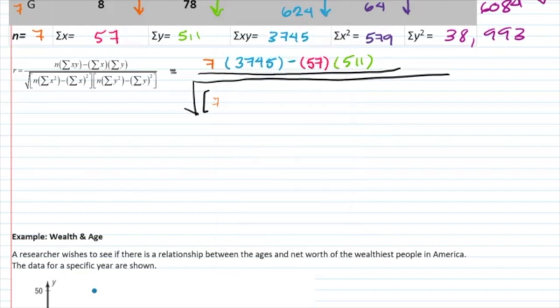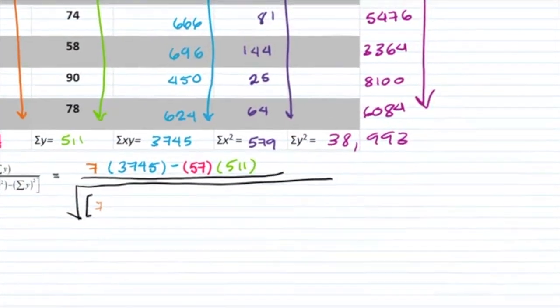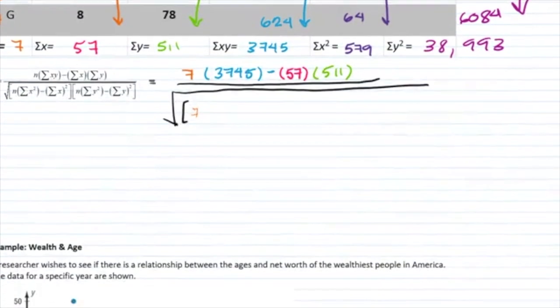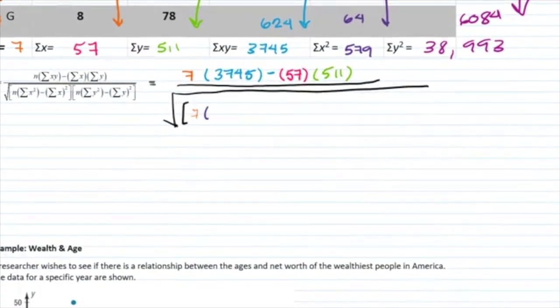Again, I'm going to color code it the first time, but I can't be color coding it all the time. Minus the sum of x, which is 57. But this 57, we have to square it. And then I close the bracket, open bracket.